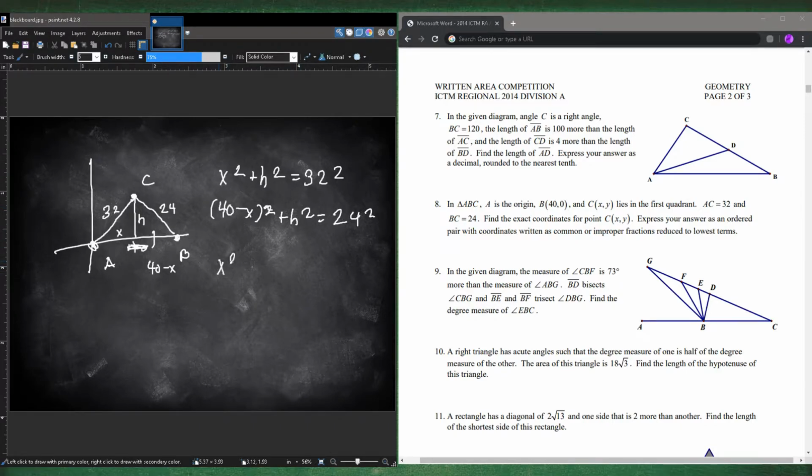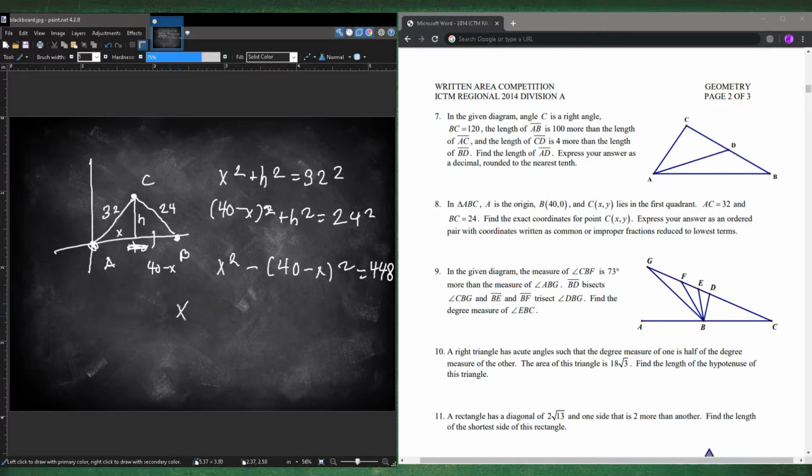So that would be x squared minus (40 minus x) squared, and 32 squared minus 24 squared is 448. Okay, and now we just look for x.